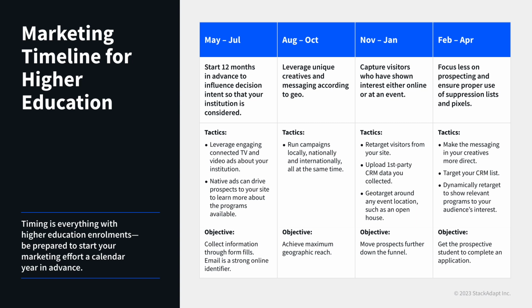So make sure that the messaging is very direct and personalized. For example, you would have different messaging for different programs, such as a science program or English, that sort of thing. Also targeting your CRM list and utilizing that, and then dynamic retargeting for users' interest as well, based on different subjects and programs.